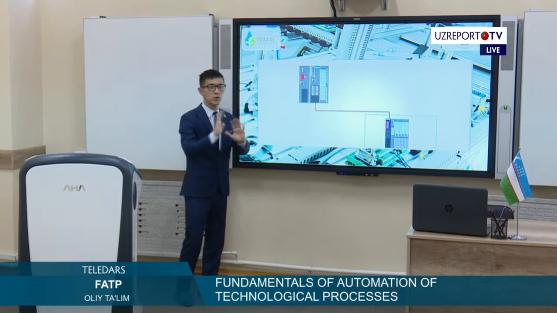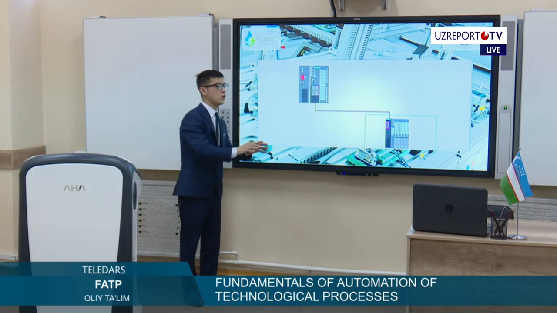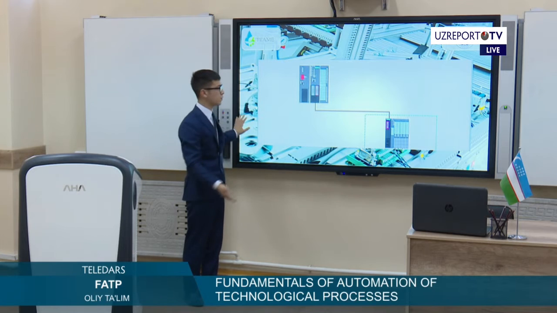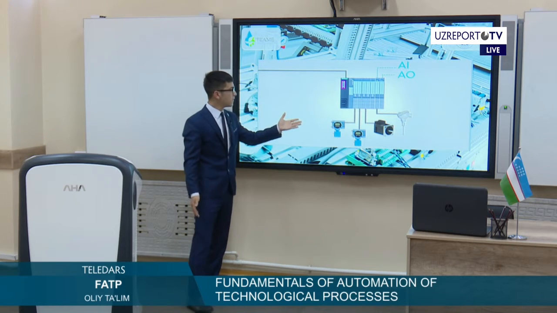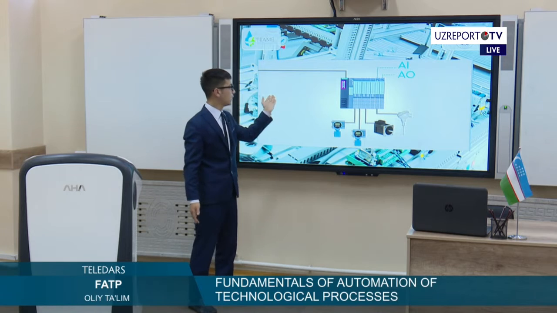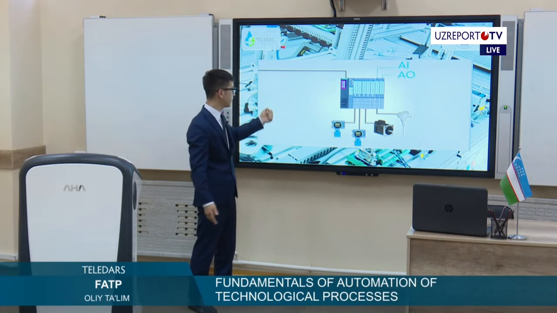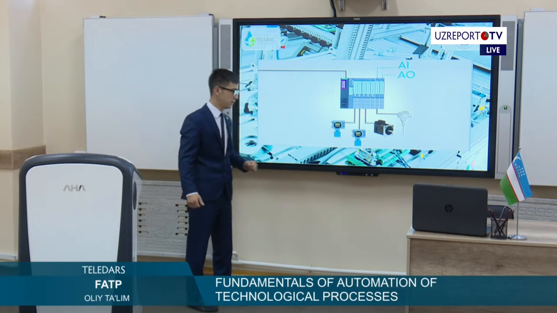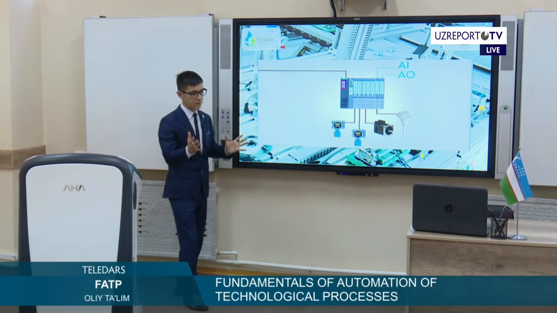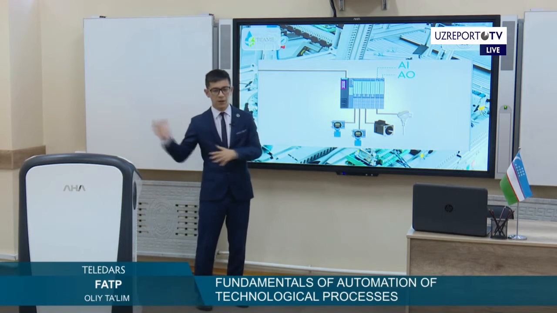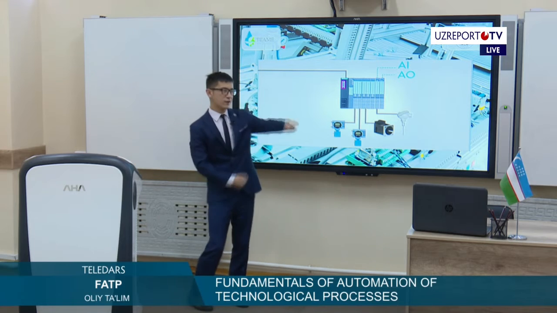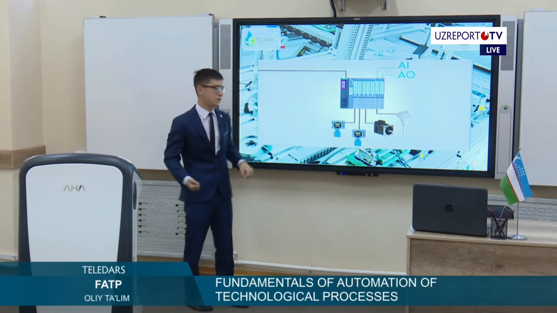You continue working. You don't need to go there, switch off, or look at how it's running. Here is one example of how the next controller is connected to other devices, and you can stay at the bottom of the whole process and see how it happens at the top of the process.